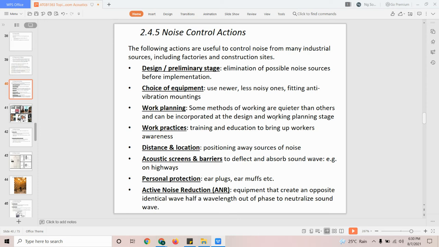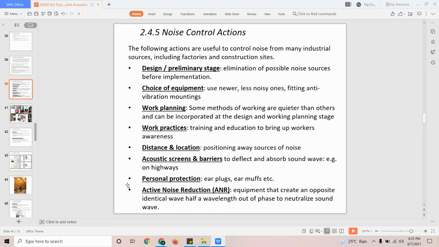If we cannot do anything beyond that, then we can go and rent the acoustic screen or barrier. And then finally, at the most basic level, we have your personal protective equipment, which is PPE, like earplug or earmuff. So usually this will all be applied in stages.